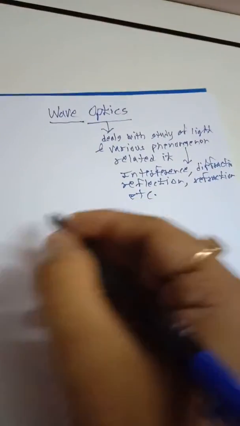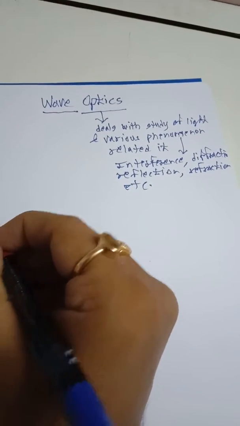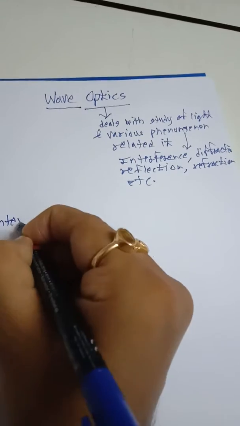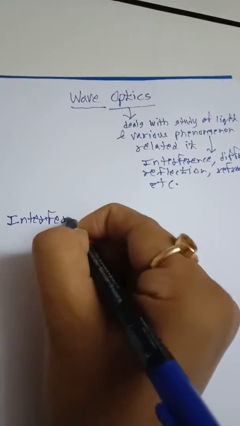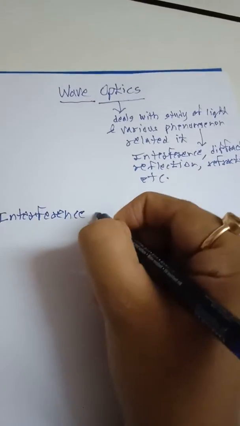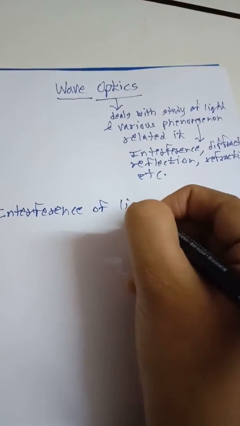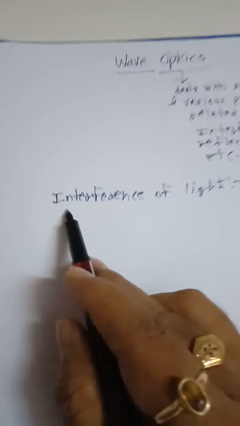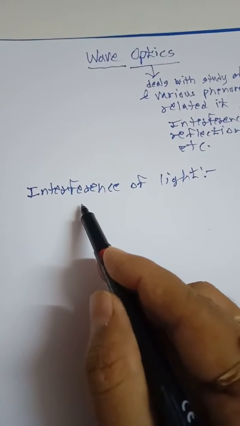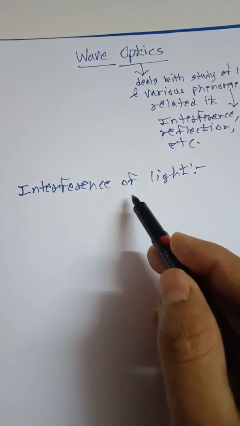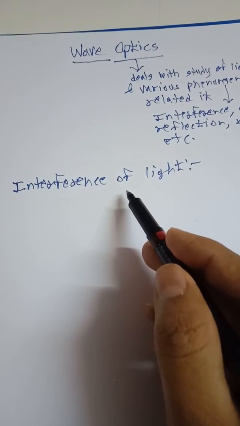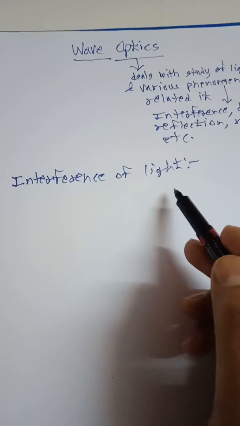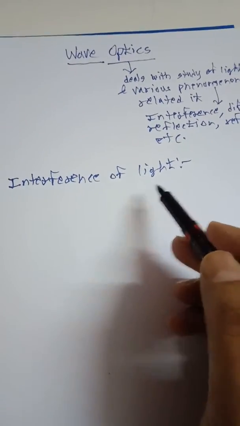So first of all you have to learn what is interference of light. We define it like this: the modification in the intensity of light, where it is maximum at a certain point and minimum at certain other points, is called interference of light.